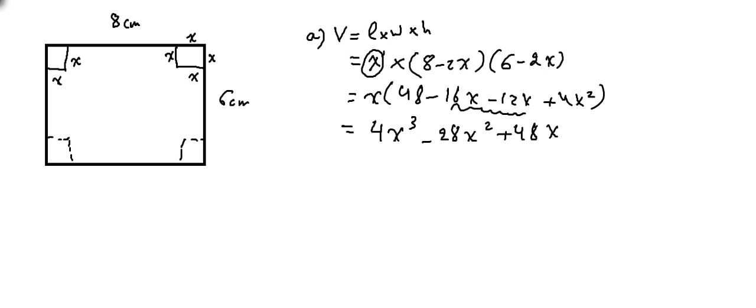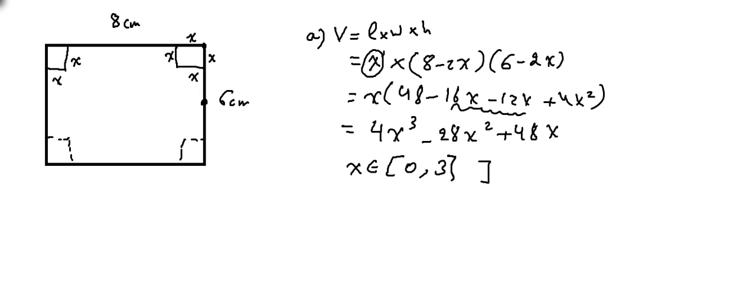That's good. Let's take a domain here. Can we take a domain? Where does x belong, to which interval? x should be positive for sure. x cannot be negative, and the maximum value it can take is half of the width, so 3 centimeter.